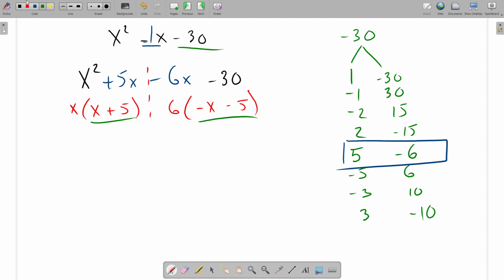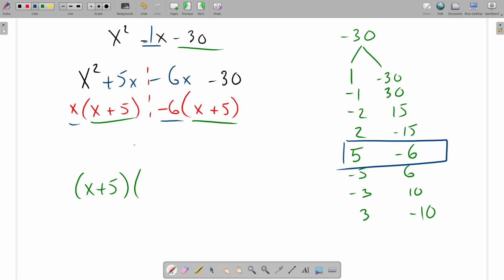In order to make them the same, we need to take out a negative 6 to be left with positive x and positive 5. So now these two are the same, x plus 5 and x plus 5. So x plus 5 is one of our factors. The other factor is the two GCFs that we pulled out, x and negative 6.